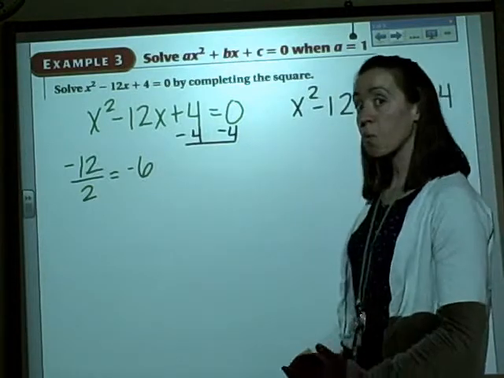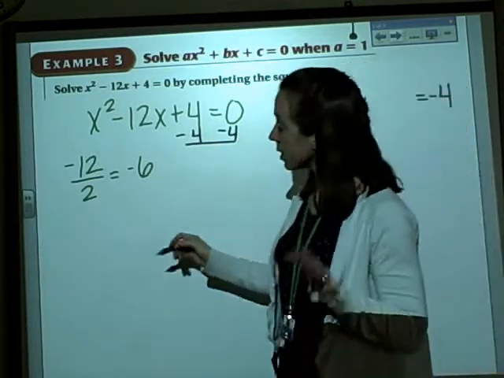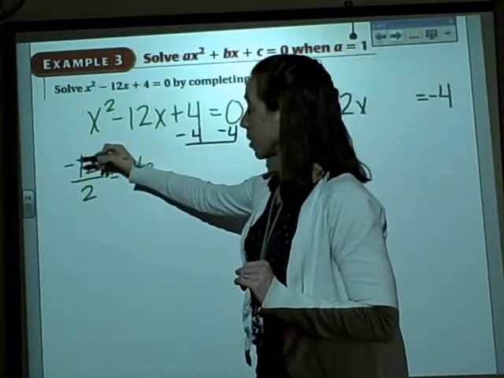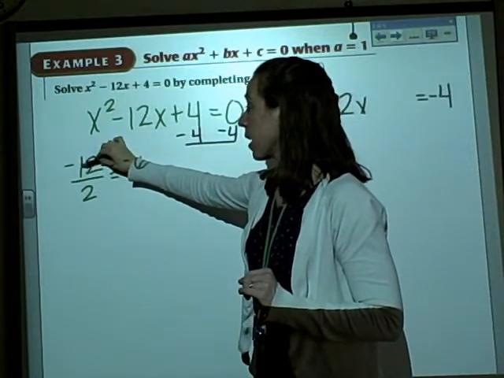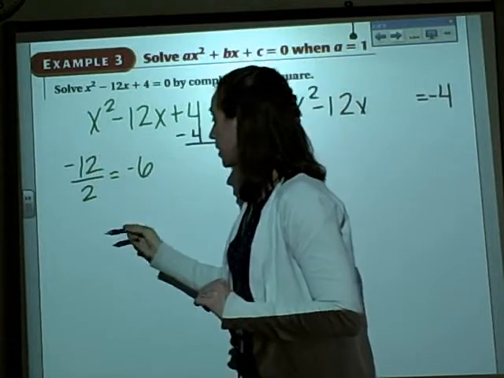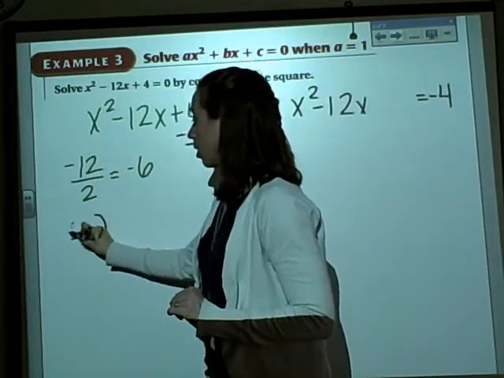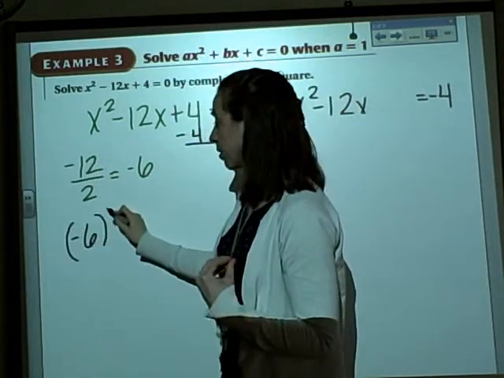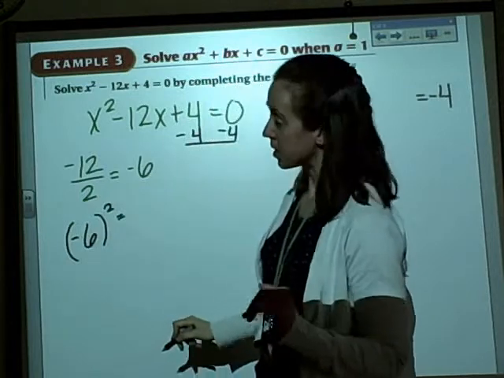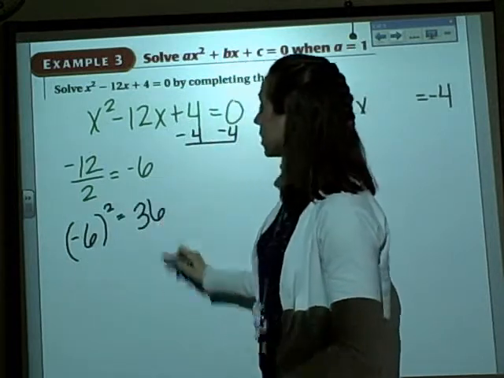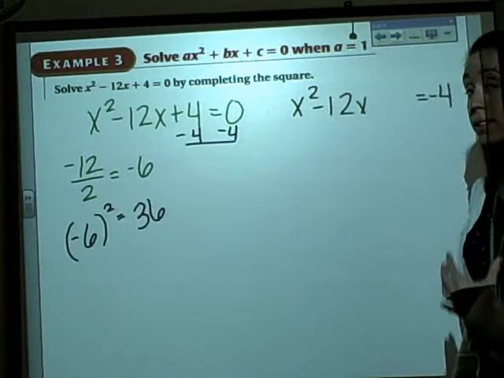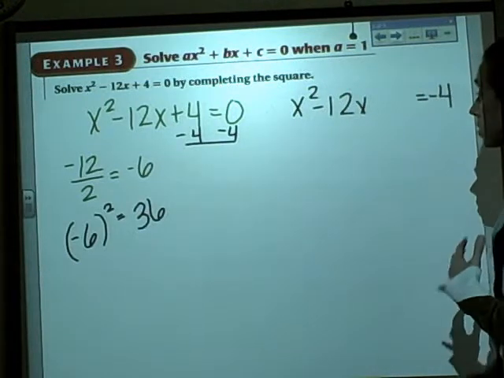So now let's figure out what would complete the square. We already started it. So we're going to take whatever we got when we took our b value and divided by 2. We're going to take that, negative 6. We're going to remember that when you square a negative, you always end up with a positive. And we get 36. That means that 36 is the number that will complete this square.